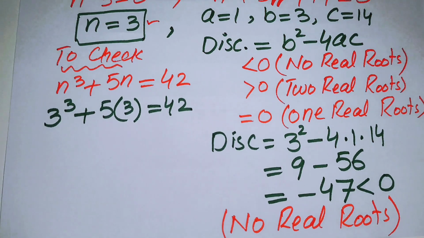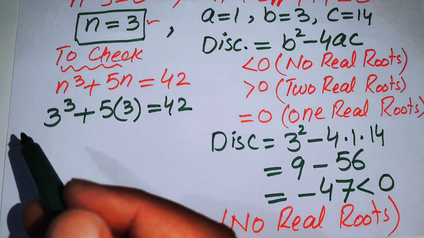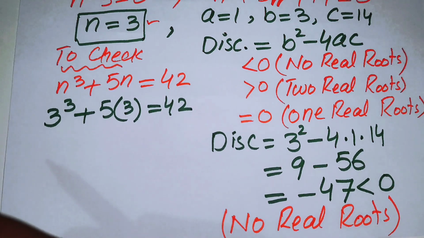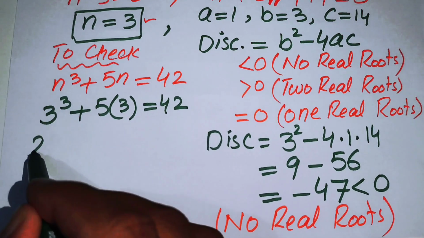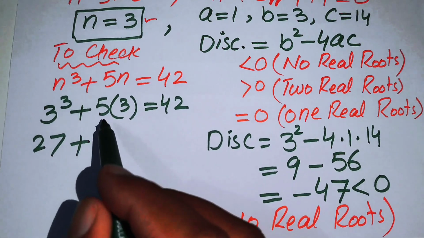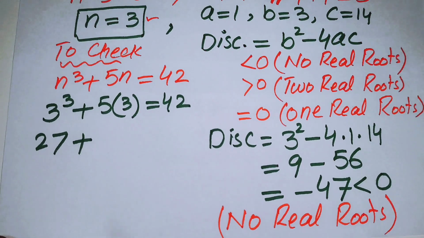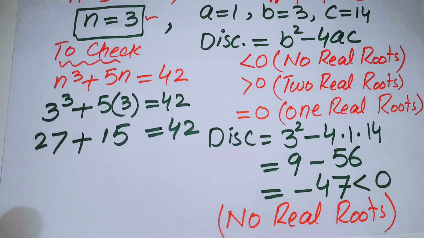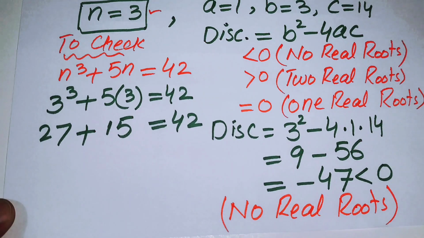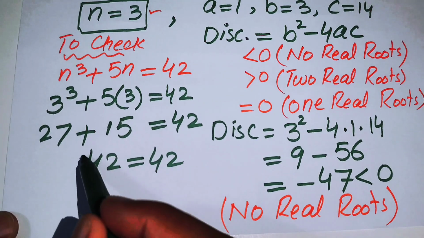And 3 to the power of 3 means you multiply 3 three times, so you easily get 27 plus, here you have 5 times 3, which is equal to 15, and this whole equation is equal to 42. Now we sum up 27 plus 15, which is equal to 42, and this whole equation is equal to 42.